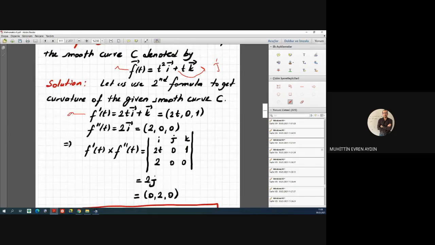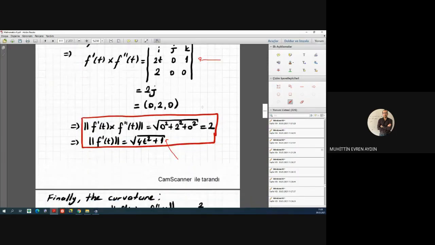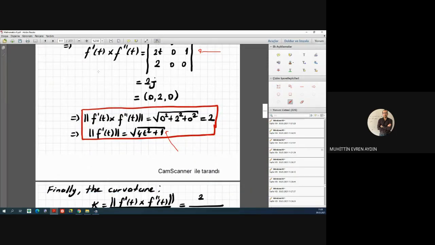Okay, the first derivative, second derivative, and the cross product. Those are simple calculations, that is why I may omit them. Yes. And the norm of this cross product is 2.